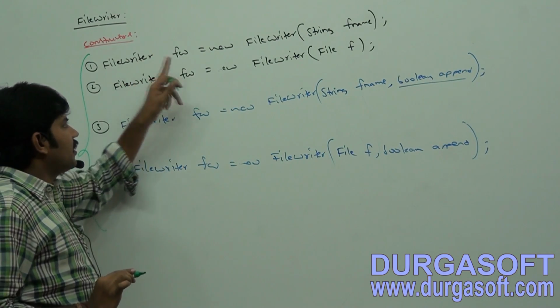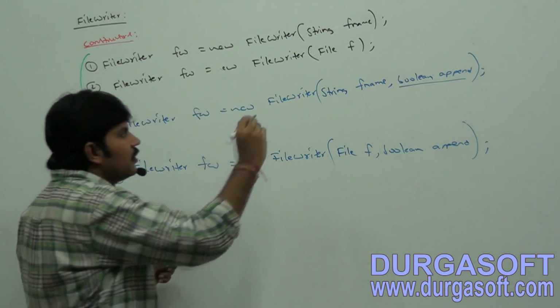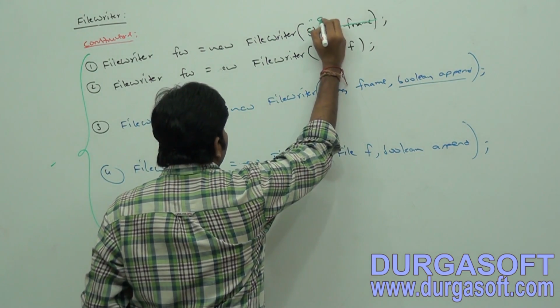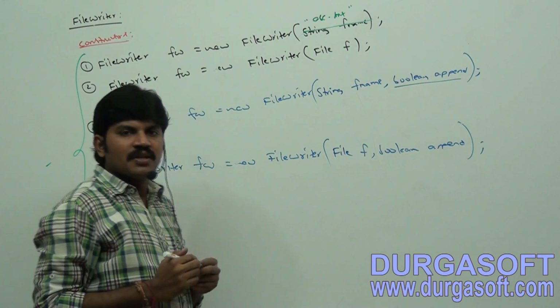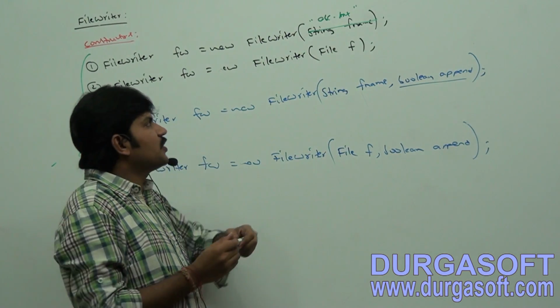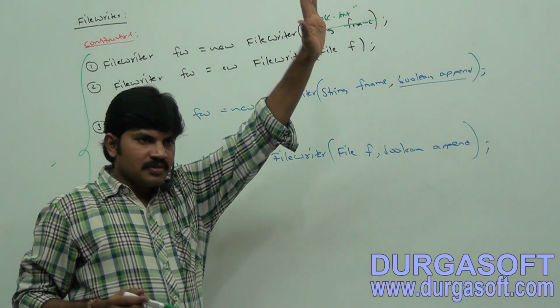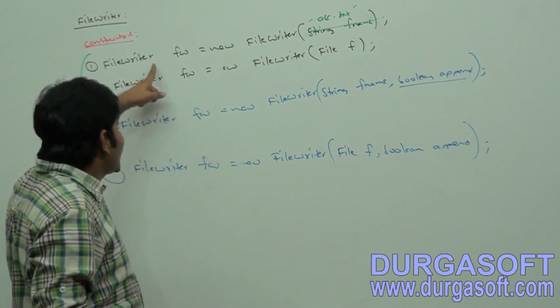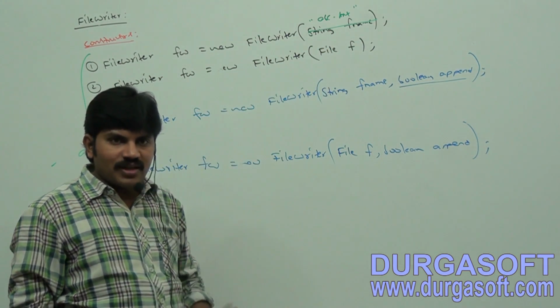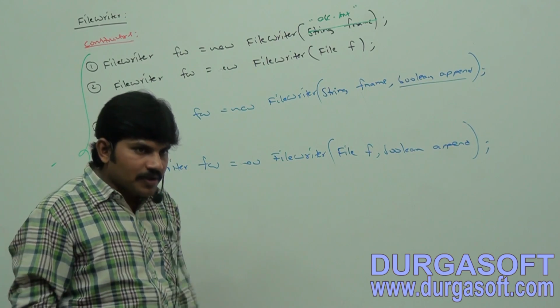Suppose FileWriter fw = new FileWriter("abc.txt"), like I took. Assume this specified file is not already there. Sir, abc.txt is not there, but you are trying to create a FileWriter object for that file. Now what will happen?